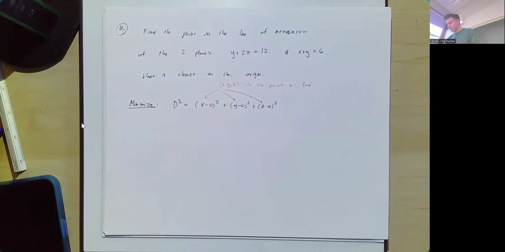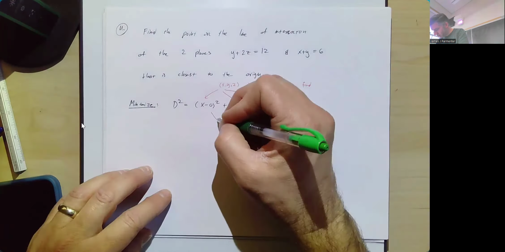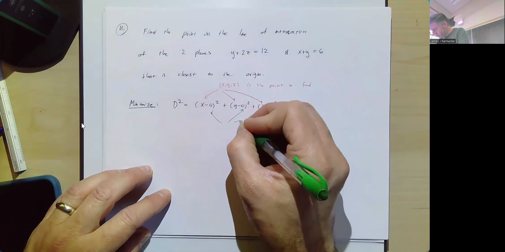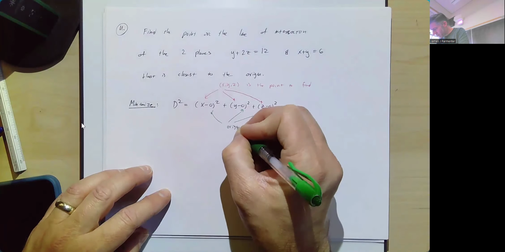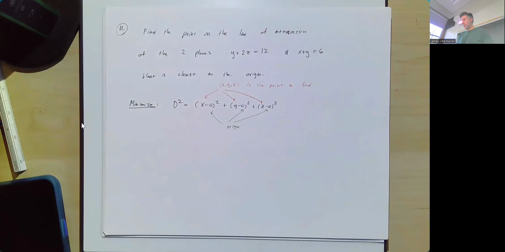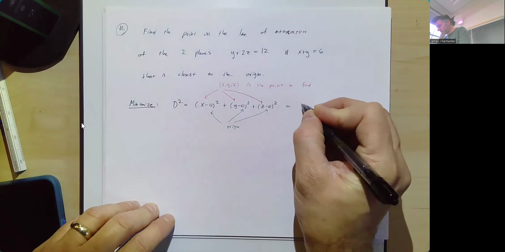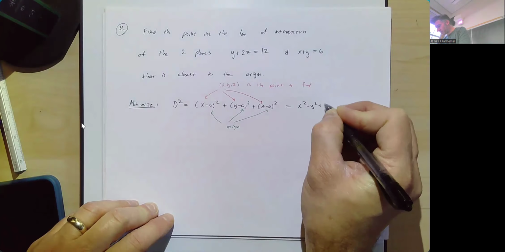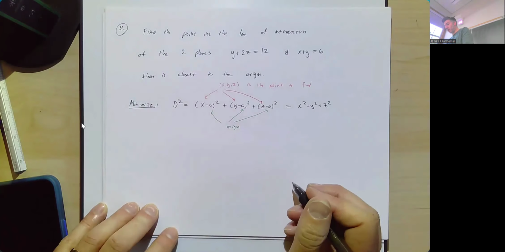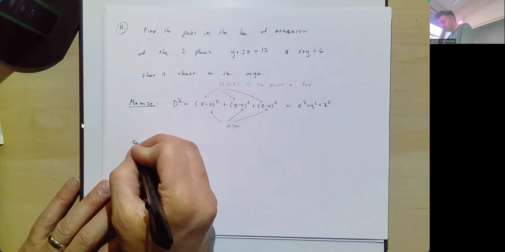And this 0, 0, 0 is just the origin. So we're trying to minimize x squared plus y squared plus z squared, subject to the 2 following constraints.